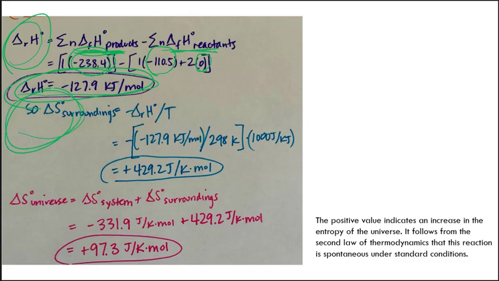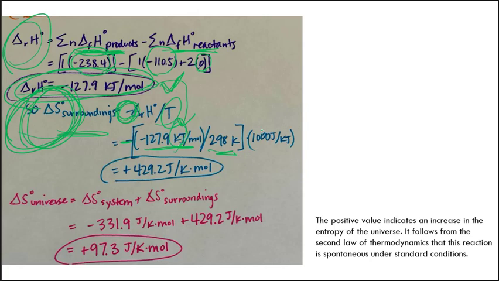So in order to find the entropy for the surroundings, because this is the enthalpy change for the system, therefore the surroundings is going to be the opposite of that. So I'm going to type in negative and then the value of delta H divided by T. Remember that S units is in joules per Kelvin mole.